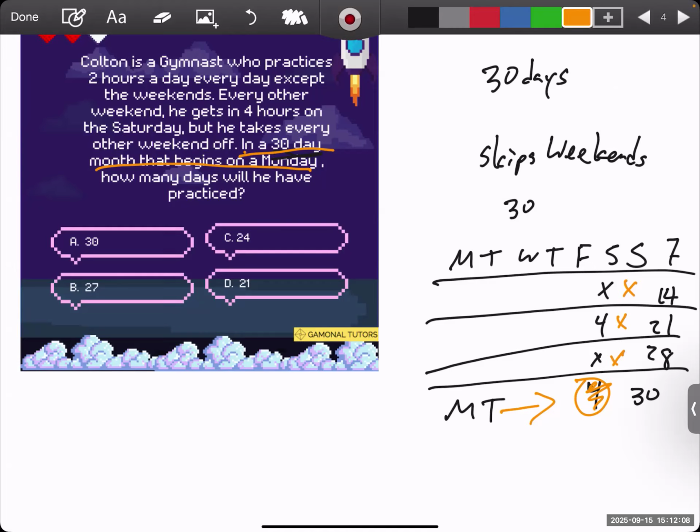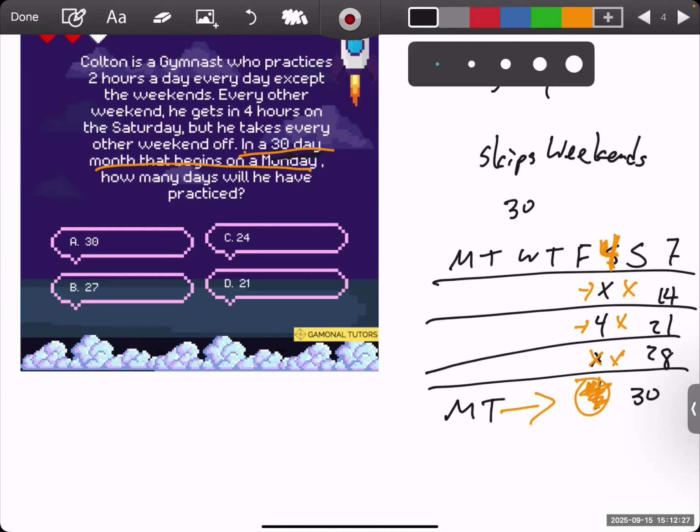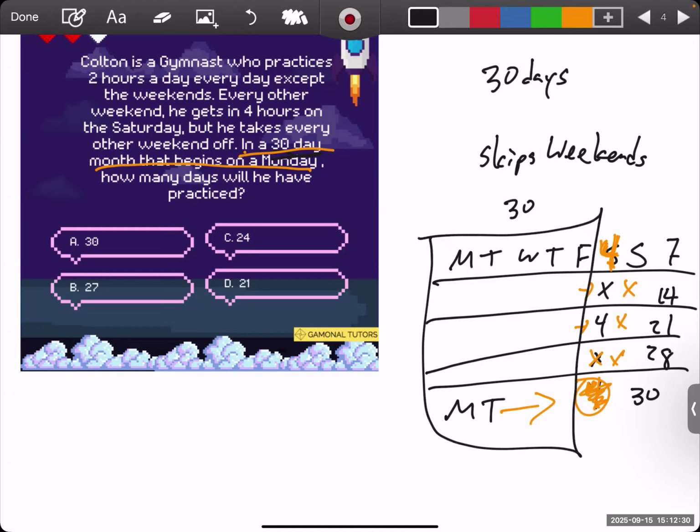Okay. And so, oh, and I forgot, this one should be counted as well. So it should be 4 hours Saturday here, skipped here, 4 hours Saturday there, skipped there, and then 4 hours Saturday again, but we don't count it because it's after the 30 days. And so now you can see, okay, how many days did he work? So these ones, Monday through Friday, definitely worked out every single day.